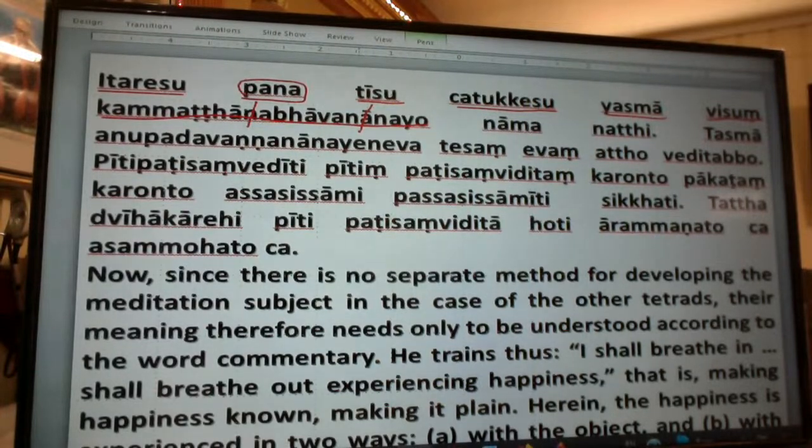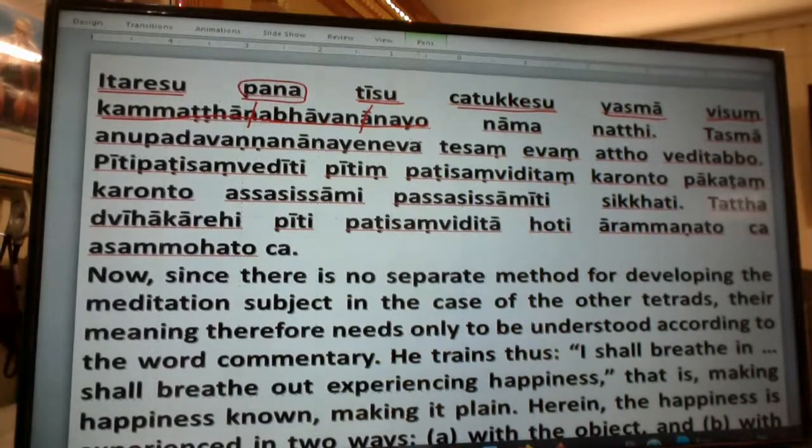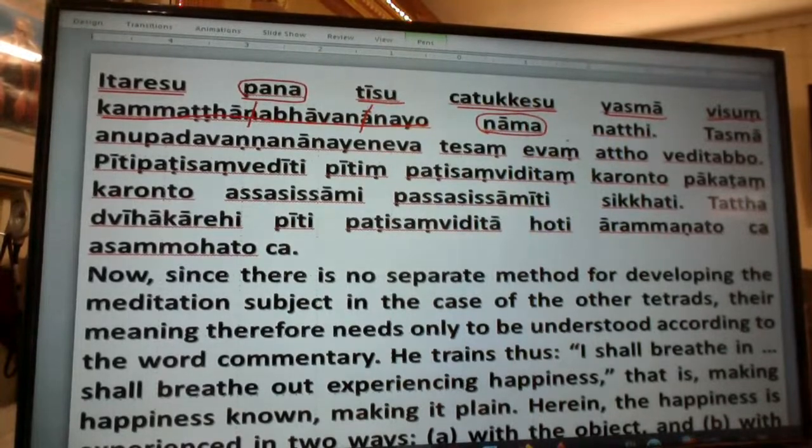The developing meditation method, Nama means no. The Kamathana Bhavana Nayo Nama Nati means there's no developing the meditation way separately.